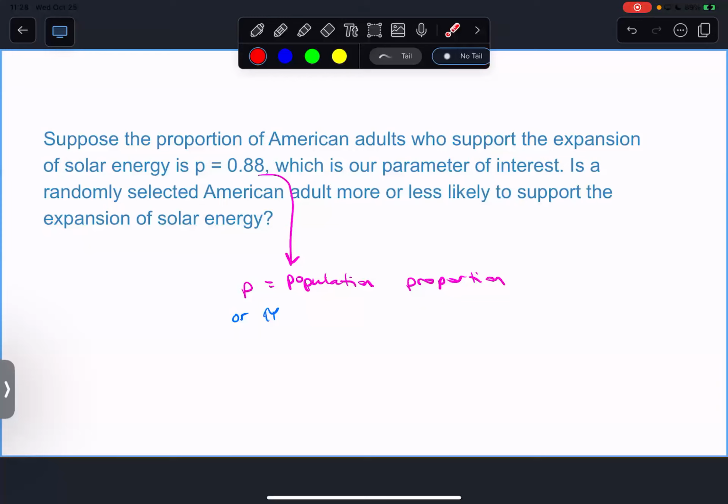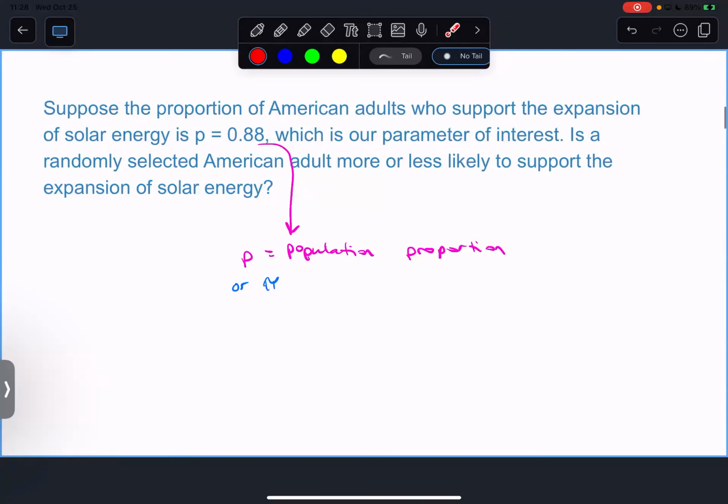So you just randomly select someone, then they are most likely in favor of it, because you're expecting the entire population proportion to be 0.88. So they are more likely to support it, since the population proportion is 0.88.